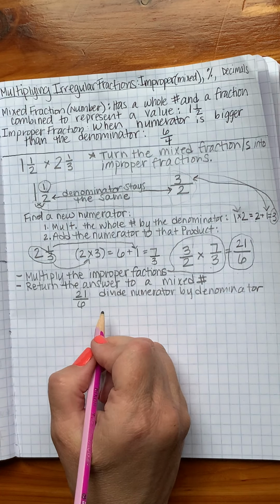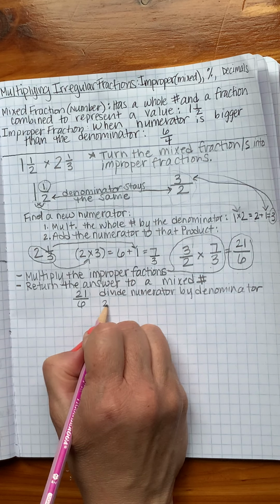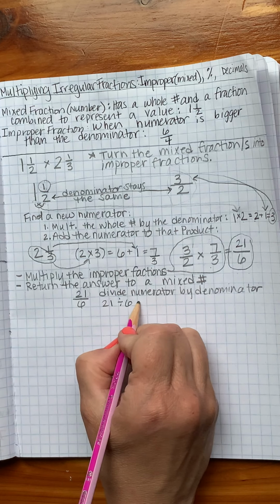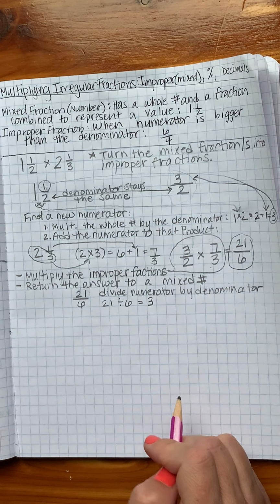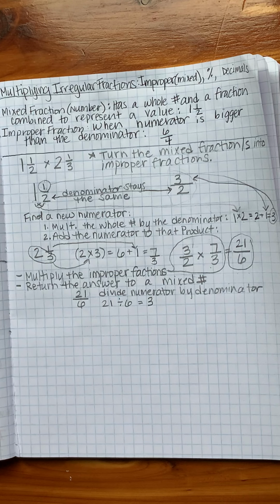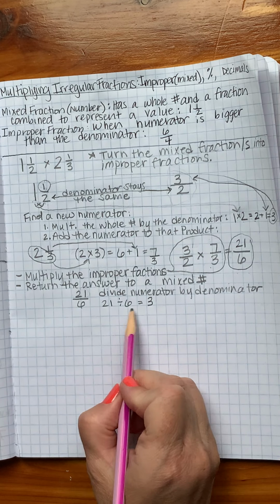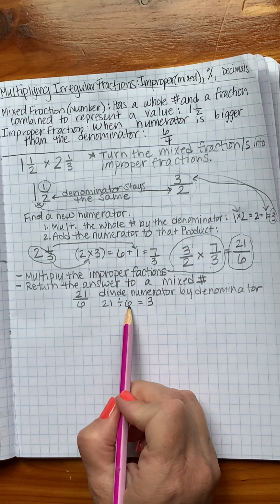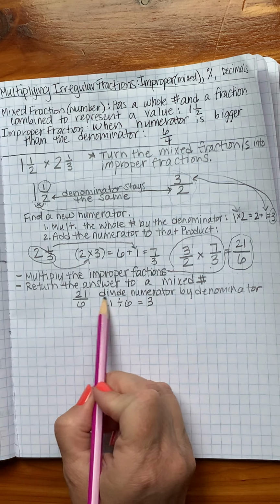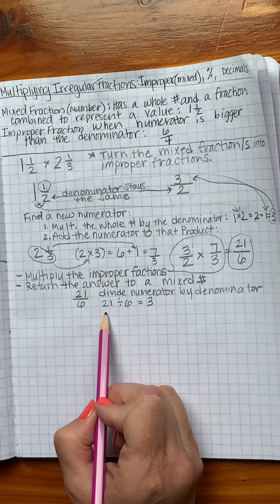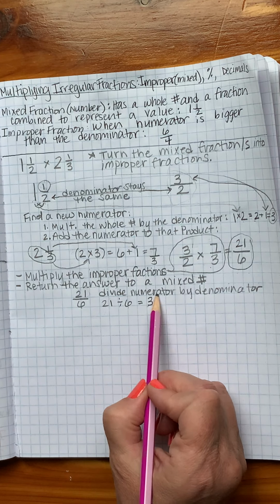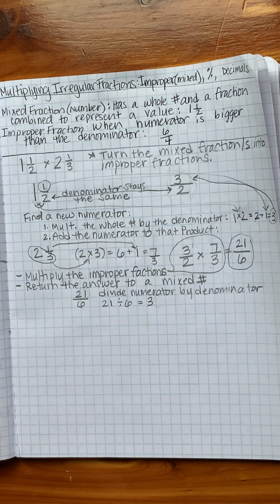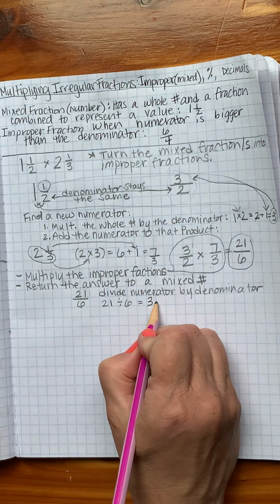Okay, so I'm going to do 21 divided by 6 equals 3. Now, 6 times 3 is 18. That's not a full 21, so there's a remainder in this. So in order to figure out how much my regular fraction is going to be, I need to figure out what the remainder is. So here's the deal.